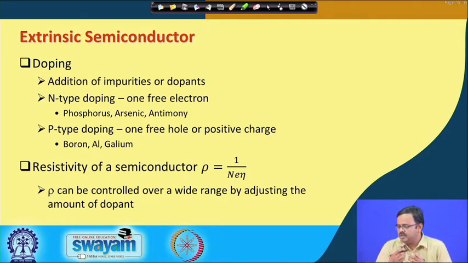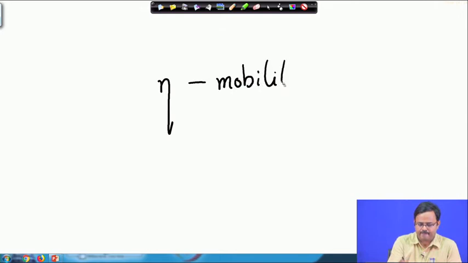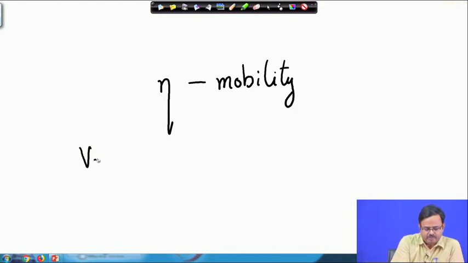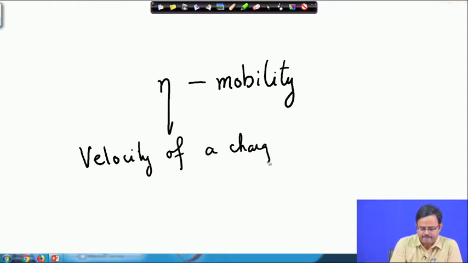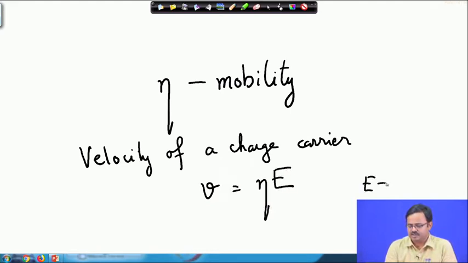Okay. So, the way mobility eta is defined is through the velocity of a charge carrier. The velocity of the charge carrier, if I write it as v, is given as eta times E, where E is the applied electric field.